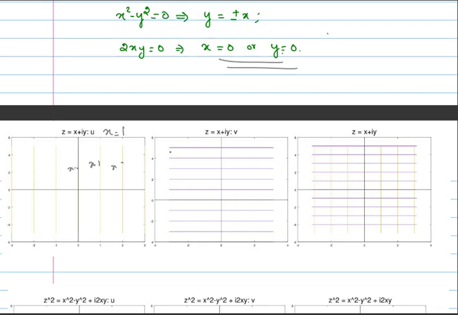Similarly, v equal to 1, that is y equal to 1, y equal to 2, y equal to 3. So clearly all these families of curves cut orthogonally. Correct? So this is the first example.